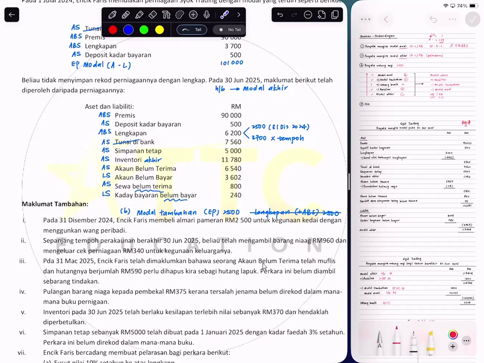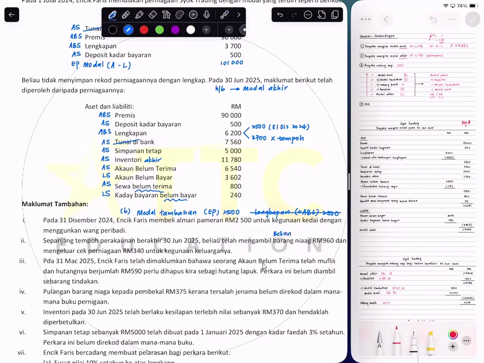The student who just came in, we are on page number 7. Barang niaga means inventory. Inventory, you have to change to either belian or jualan normally. But in this question, obviously there is no jualan at all, right? Because we can't see the boss selling the item. So it will be belian. Then what is the classification of belian?